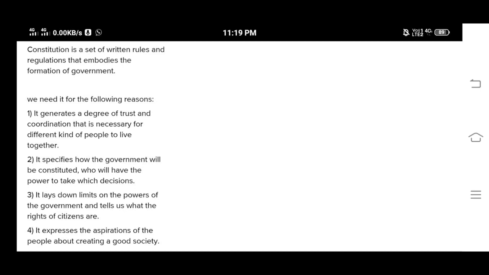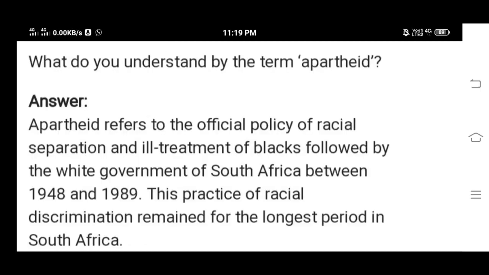Now we will move to our first topic, that is struggle against apartheid system. What does apartheid mean? Apartheid was the name of a system of racial discrimination unique to South Africa between 1948 and 1989.